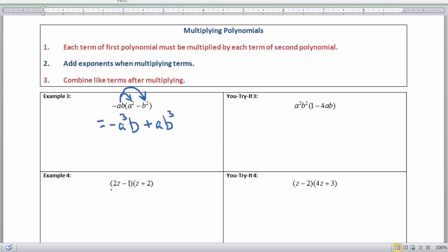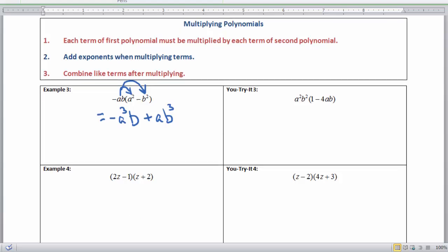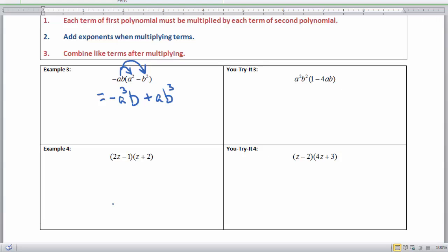Now, when you have one like example 4 here, which is a binomial times a binomial, sometimes people will call this FOIL, right? That acronym meaning first, outer, inner, and last. But again, if you just remember what you're doing, you must multiply each term of the first polynomial by each term of the second polynomial. FOIL kind of comes about on its own, right?